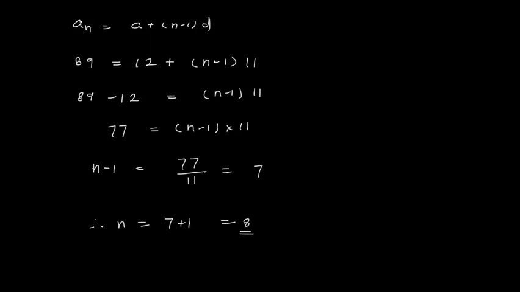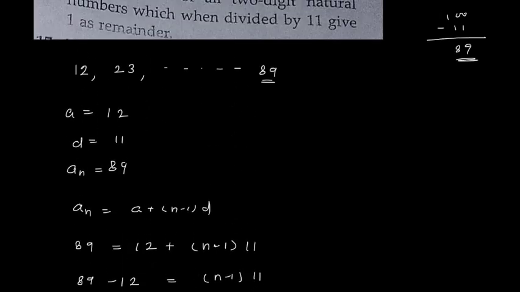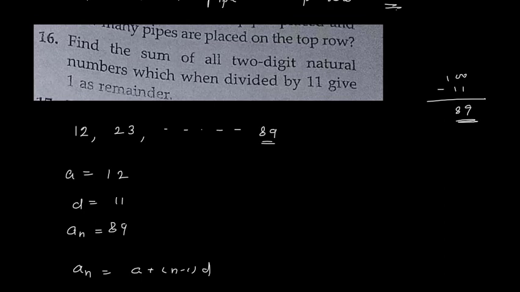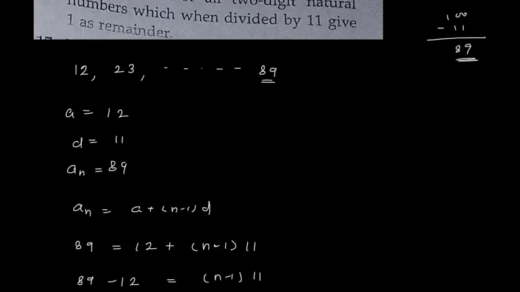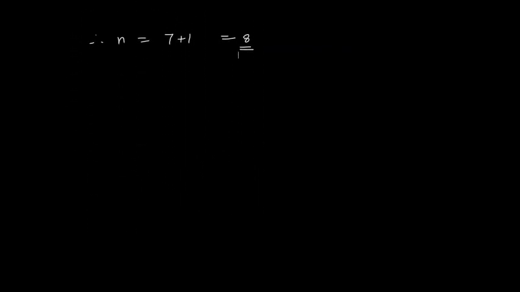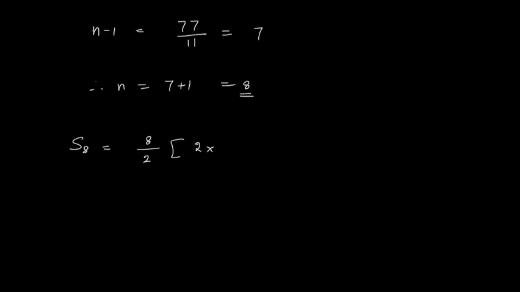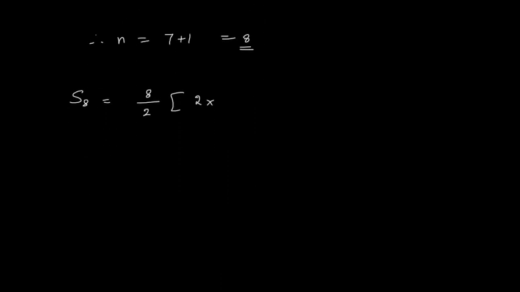Now find the sum of all two digit numbers which when divided by 11 give 1 as remainder. So I have to find the sum of all these 8 numbers, that is S8 we have to find out. So S8, the formula is 8 divided by 2 into 2a. The value of a is 12. 2 into 12 plus (n minus 1), that is 8 minus 1, 7, into the value of d. Value of d is 11.